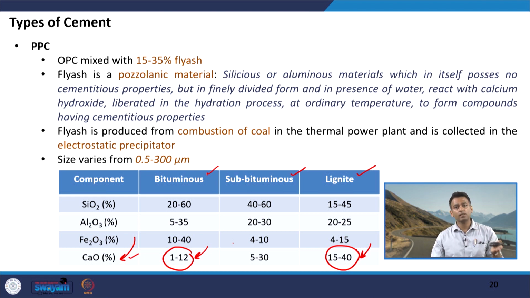So, if the fly ash has a higher percentage of calcium oxide, then definitely that calcium oxide will participate in the hydration process, and the fly ash in itself, if it reacts with water, can generate some amount of cementing products. But because this percentage is very less in comparison to what we typically use in the manufacturing process of cement, it cannot be considered in itself to produce all the cementing products that we want. And that is why we call it a pozzolanic material, though ideally, depending on the percentage of calcium oxide, it can produce cementing gels when it comes in contact with water.